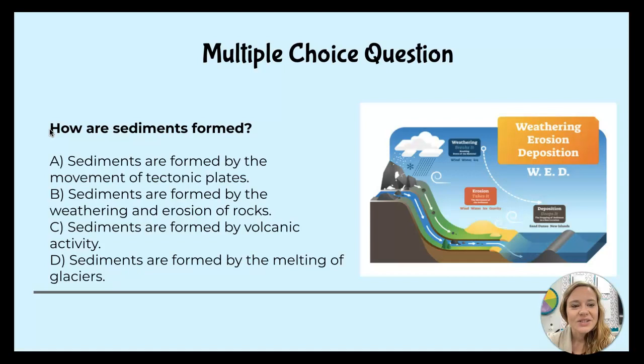So answer this question. How are sediments formed? A. Sediments are formed by the movement of plate tectonics. B. Sediments are formed by the weathering and erosion of rocks. C. Sediments are formed by volcanic activity. Or D. Sediments are formed by the melting of glacier layers.